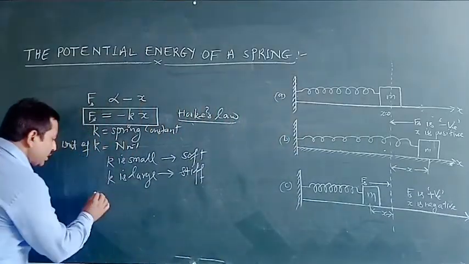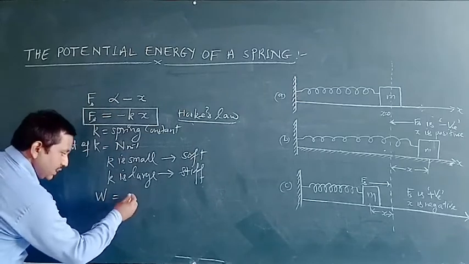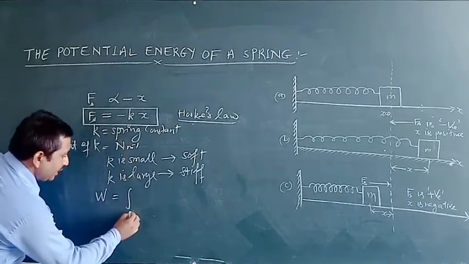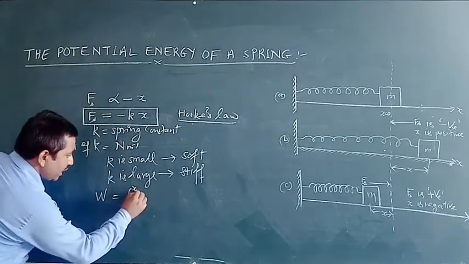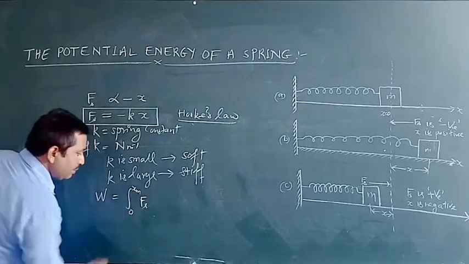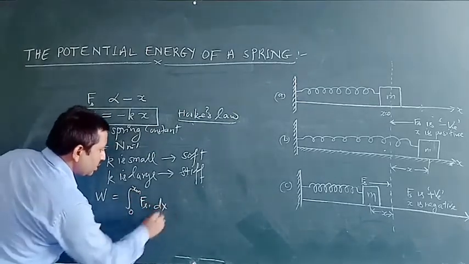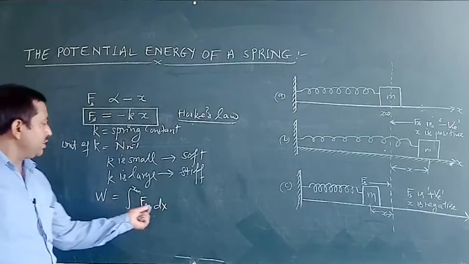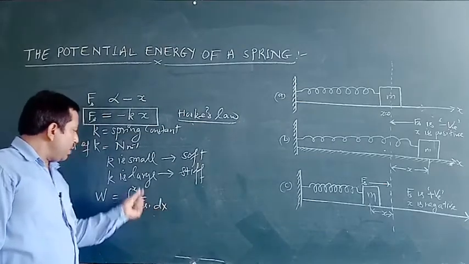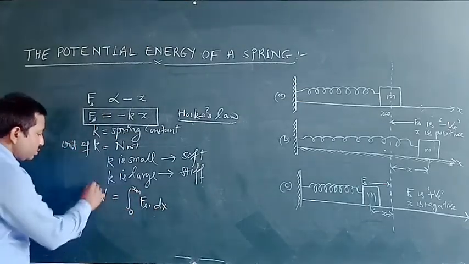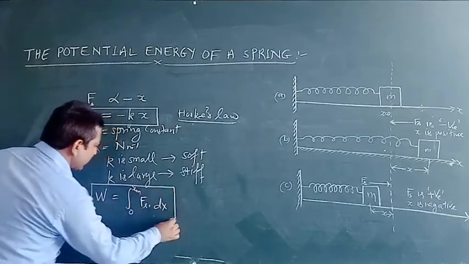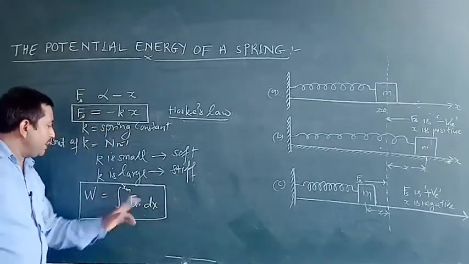The total work done can be represented by the integration from 0 to xm of the variable force Fs dot a small amount of displacement dx. So this provides us the concept of the work done by the variable force.